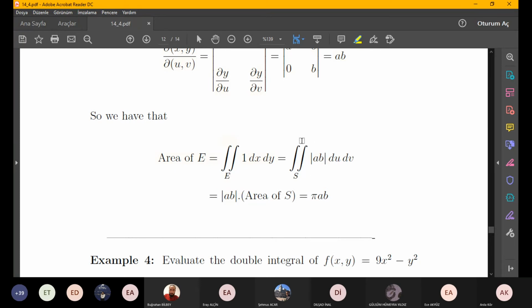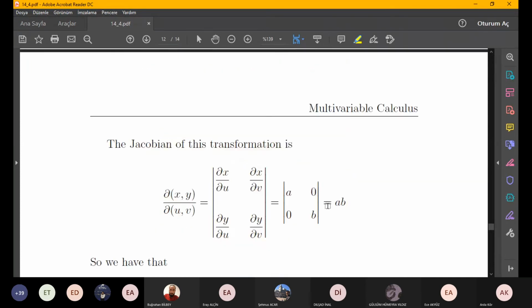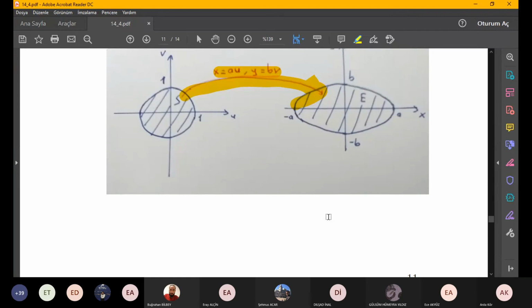Then you need to compute the double integral of 1 over S, which is the area of S. So what is the area of S after that transformation?